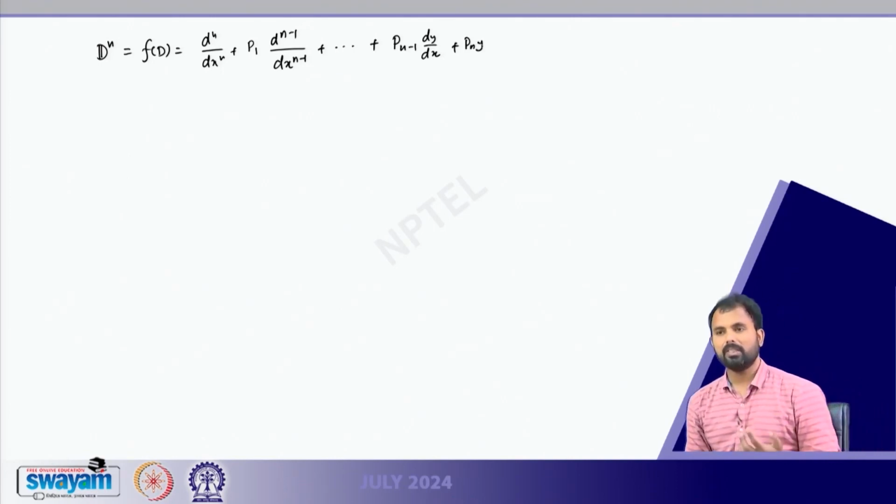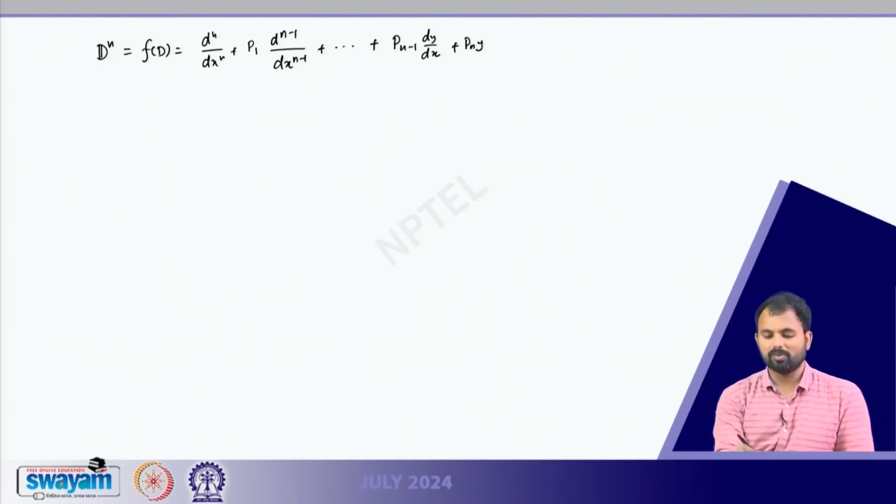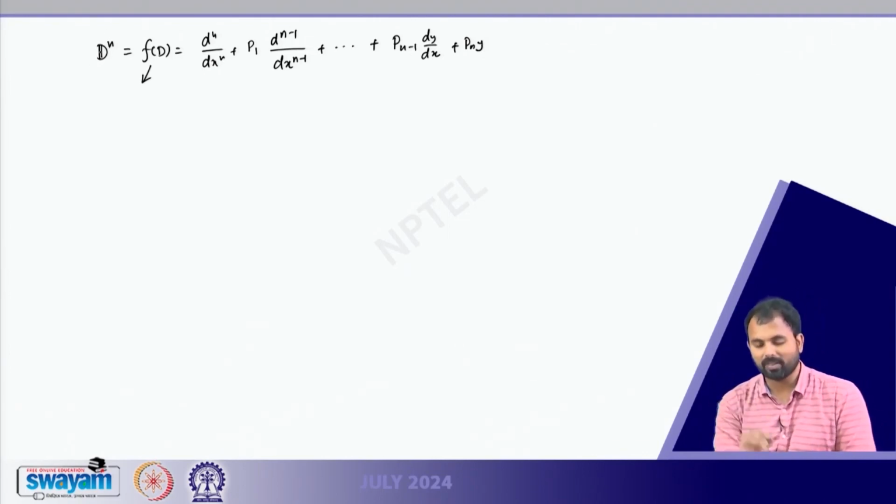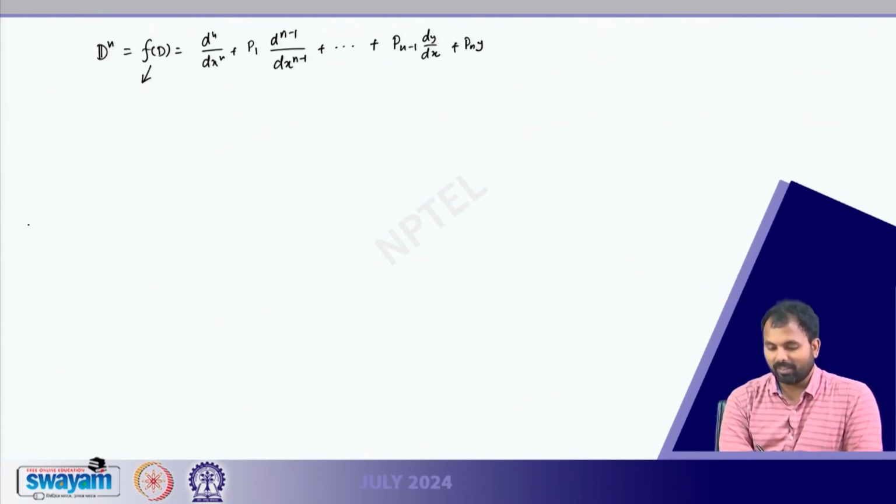When you are doing this kind of differential equation, people usually use this F(D). Of course I introduced this notation just for my reference. Let us call this expression number 1, just for the referral.